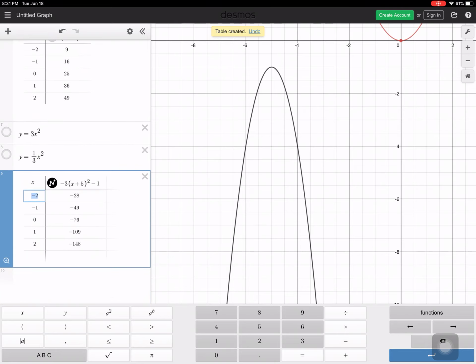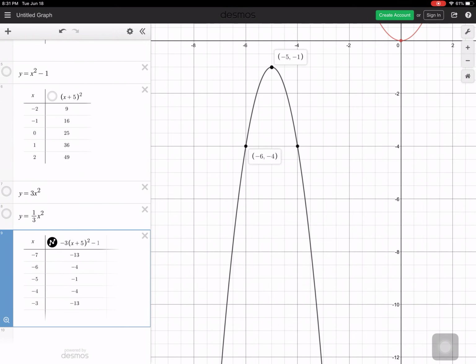And I want coordinates negative 7, we said. We want negative 6. I just want to prove that we were right when we did it, okay? Negative 6. Negative 5. Negative 4. And negative 3. If you remember, those are the exact values we had.